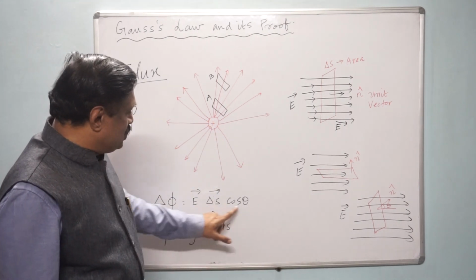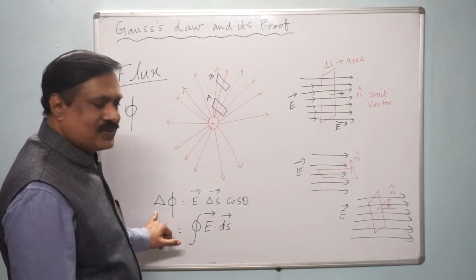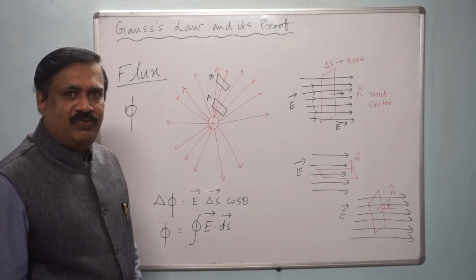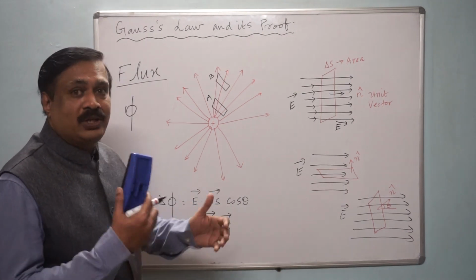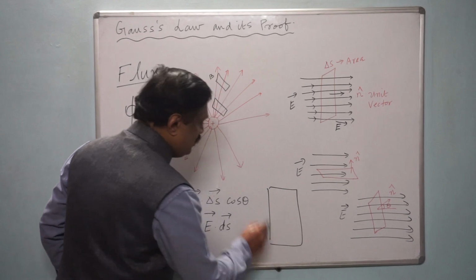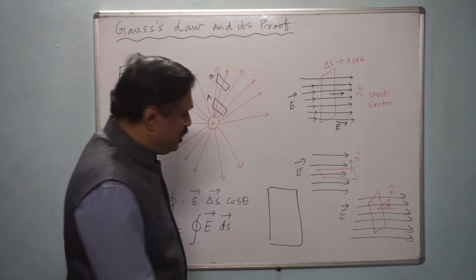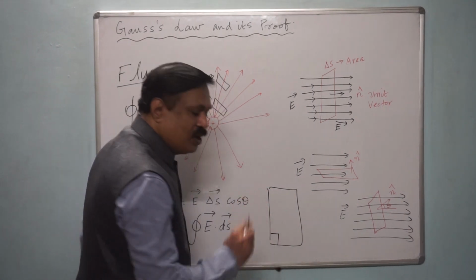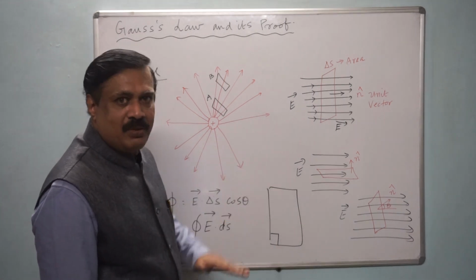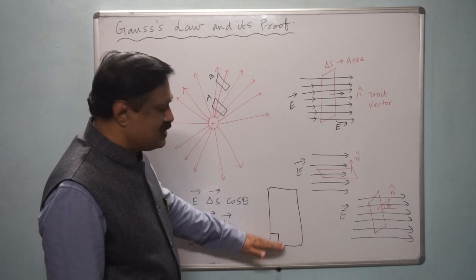Now this is the formula for flux. It is a small flux, del phi. If you go for the total flux, usually what we do is first find out the area of this element, and after that integrate over the total area, or go for a summation.